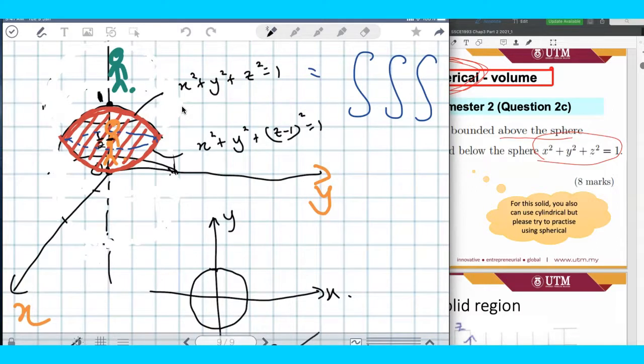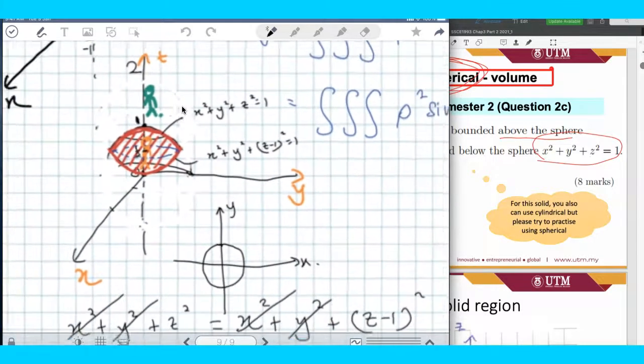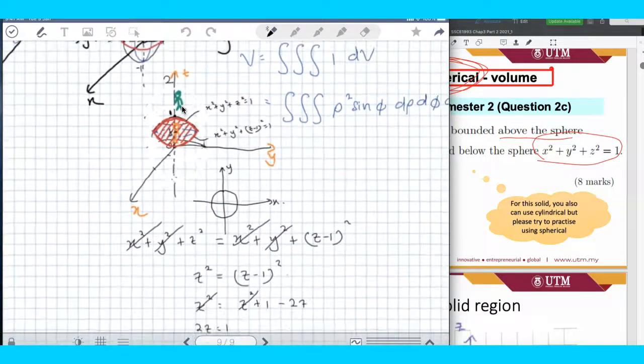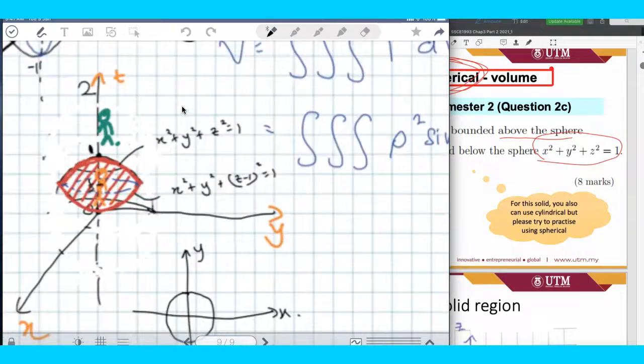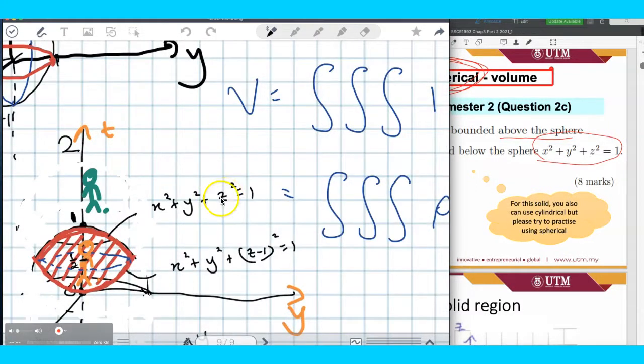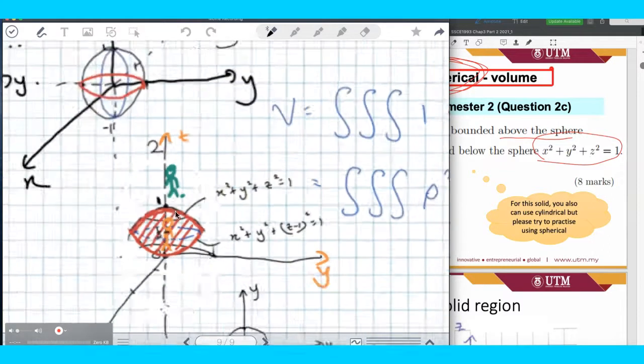But you can find out whether it is a circle or an ellipse by substituting z equal to 1 over 2, whether in this equation or in this equation, the answer will be the same. Let's substitute into this equation because it looks simpler.